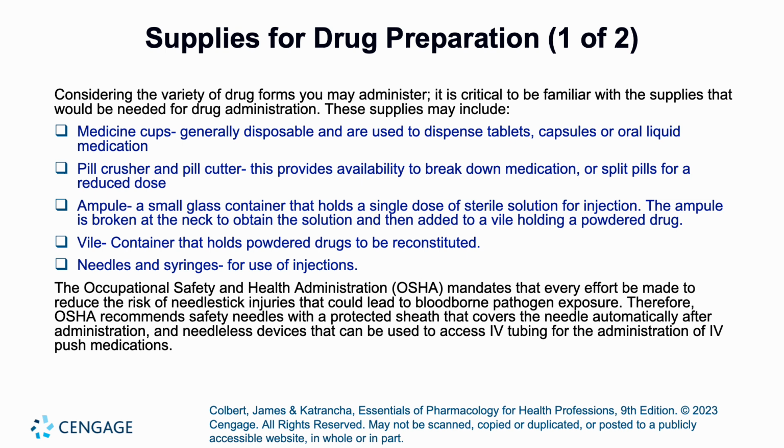And then when you're drawing it up into your sterile syringe, you have to use what's called a filter needle, because the filter needle makes sure that no tiny glass particles get into the medication that's going to go into the body.